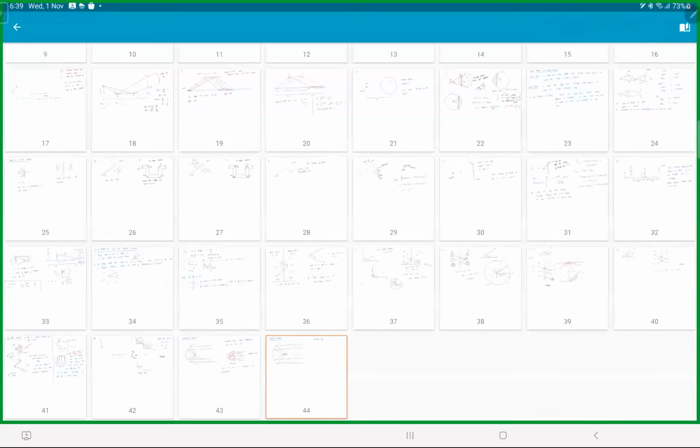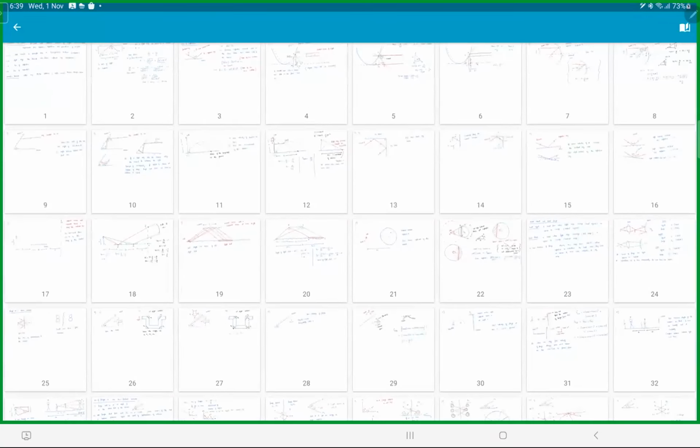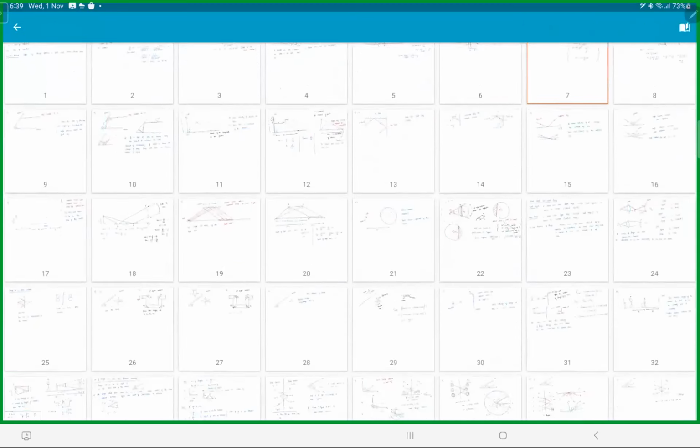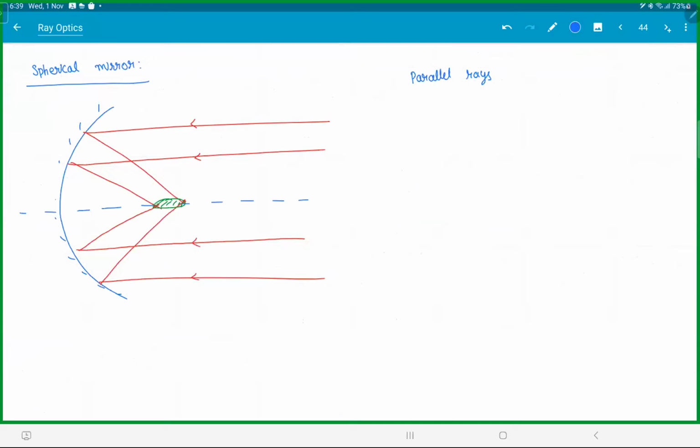We have seen this, we did a question like this. Remember? If you remember, r minus r by 2 sec theta. This was r minus r by 2 sec theta.